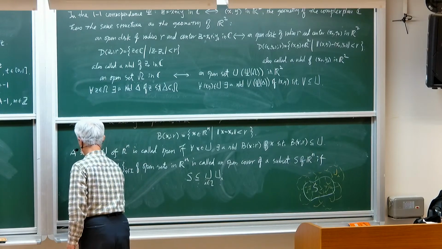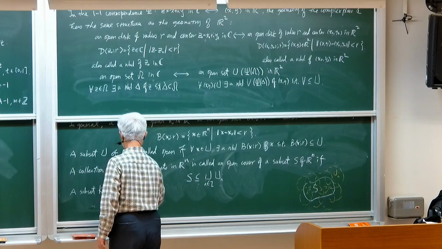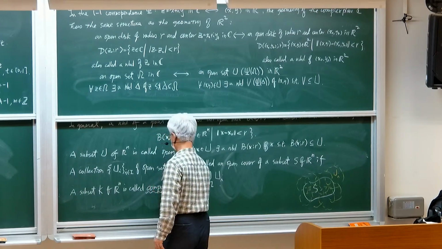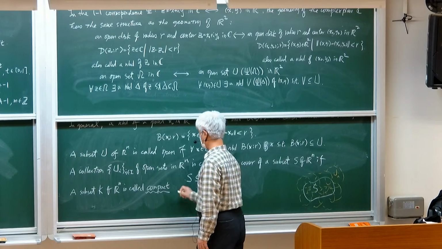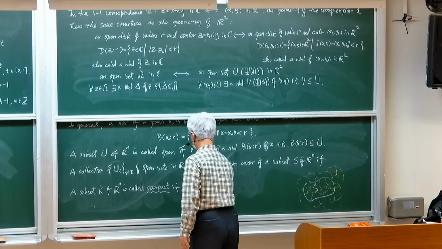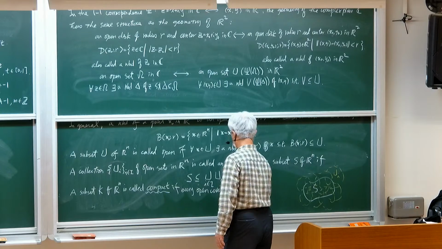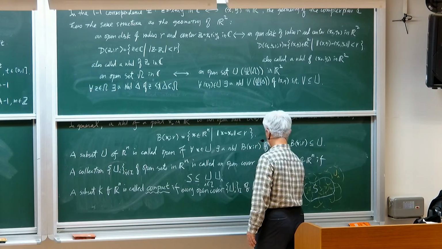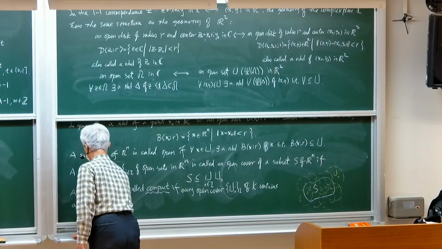A subset K of R^n is called compact, and compact is a very important concept, if every open cover of K contains a finite subcover.